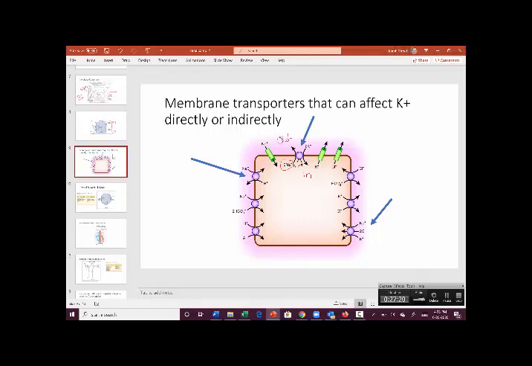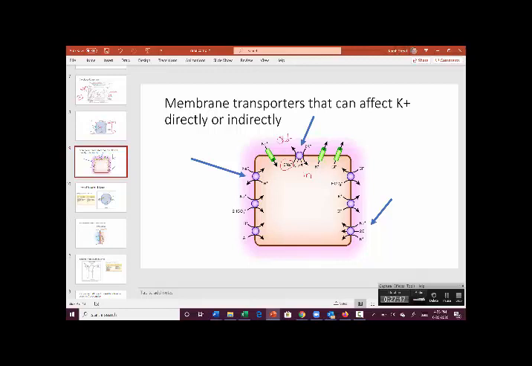This helps establish our high sodium concentration outside of the cell and our high potassium concentration inside of the cell. About 90% of the ATP made by cells during cellular respiration can go toward funding this pump. It is a very important pump.